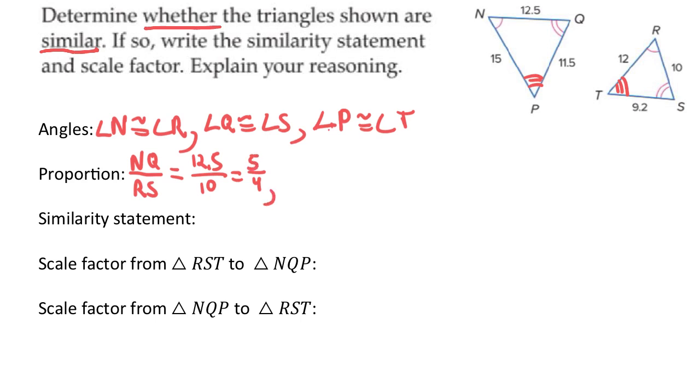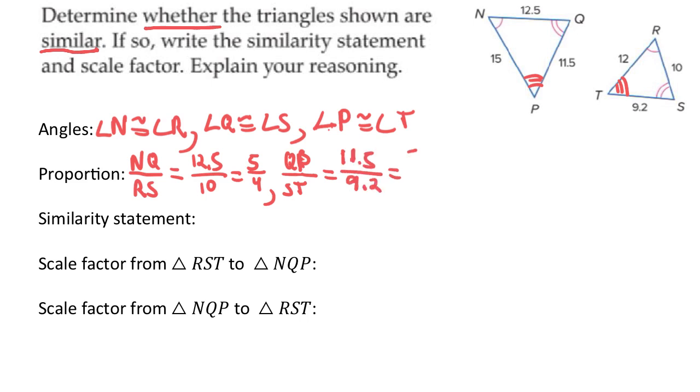Let's try the next one here. Double to triple is QP. QP is proportional to ST. Let's see, QP at a length of 11.5, 11.5 over 9.2.